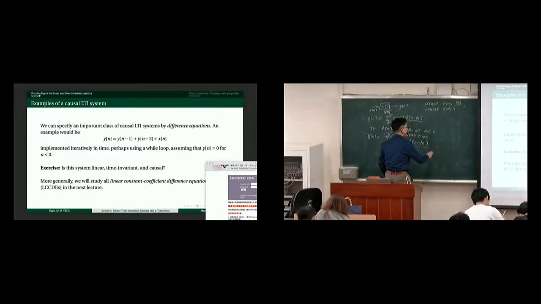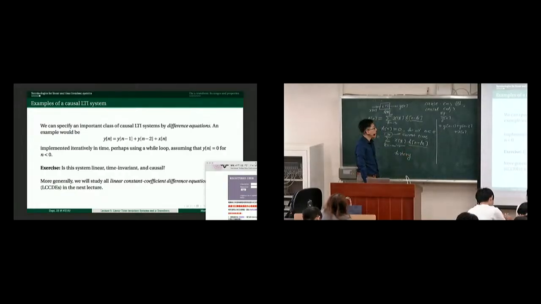Maybe we can work this out. Suppose y[n] is y[n-1] plus y[n-2] plus x[n]. I claim this equation defines a system, and now the question is whether or not the system is causal.